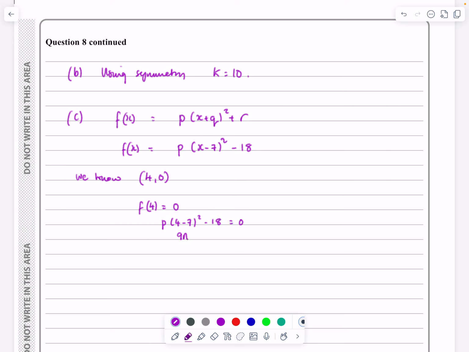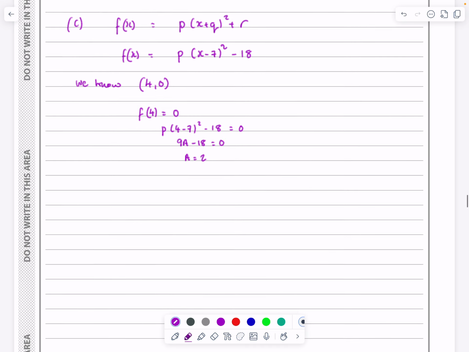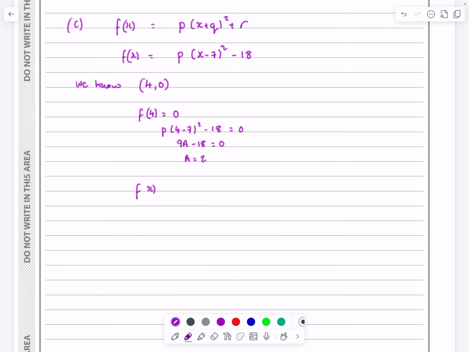Well, that's 9p minus 18 is equal to 0. So that gives me p equals 2. So that means I've got f(x). f(x) is going to be 2 lots of (x minus 7) squared minus 18.